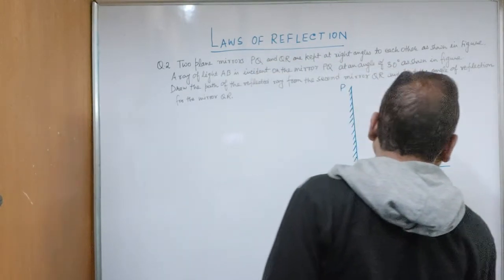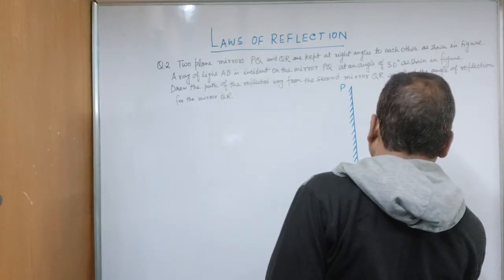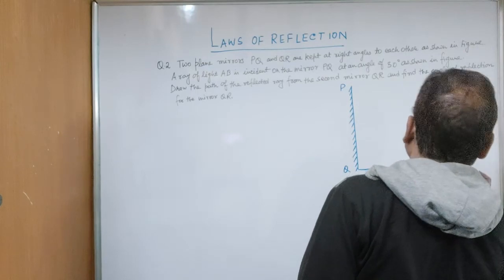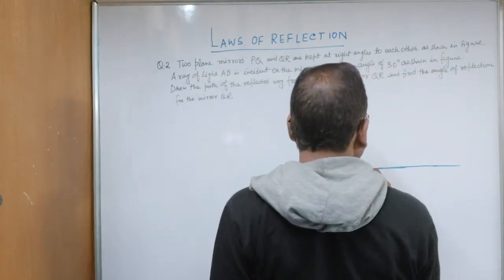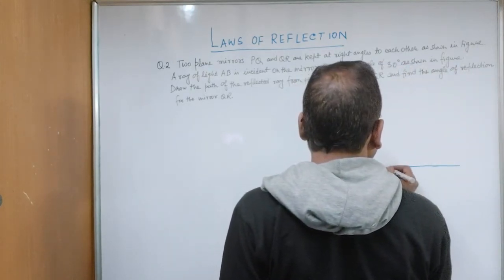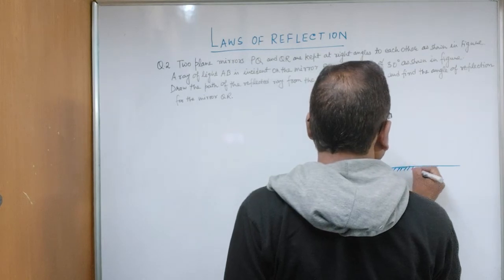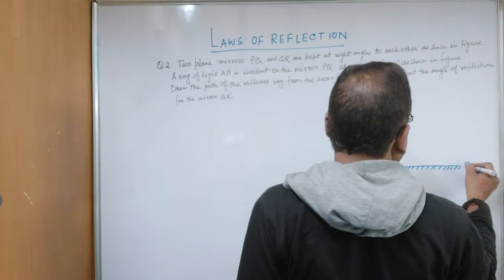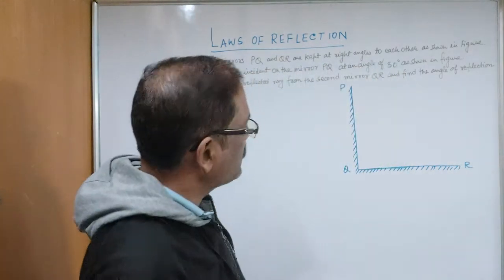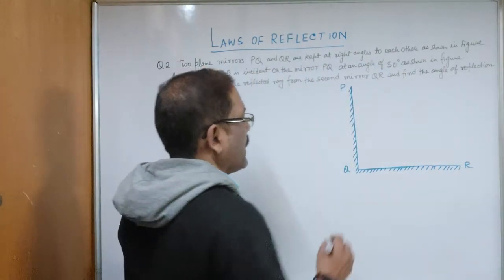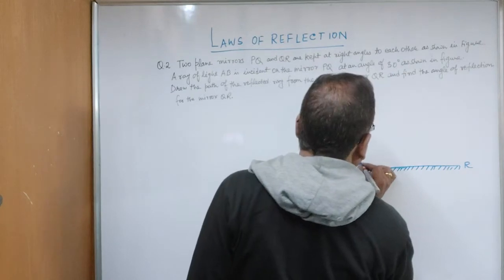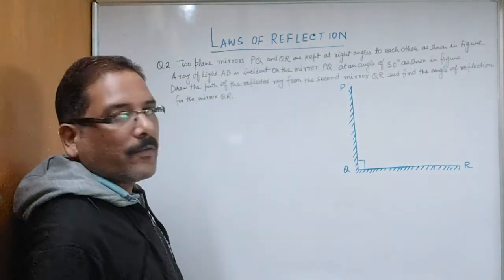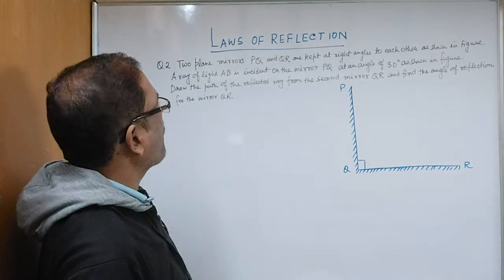So this is PQ and this is QR. These are the two mirrors and they are at right angle to each other. It means they make an angle of 90 degree with each other.